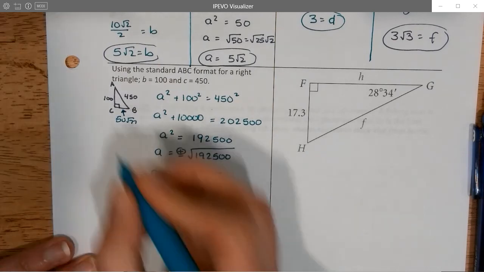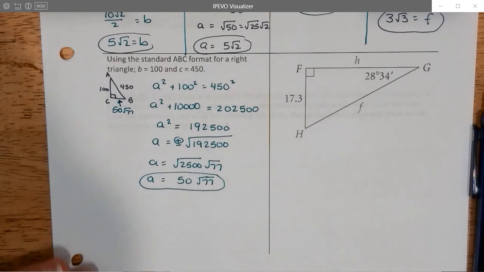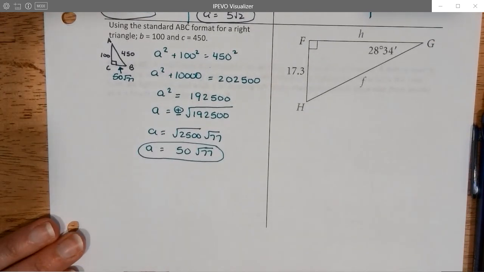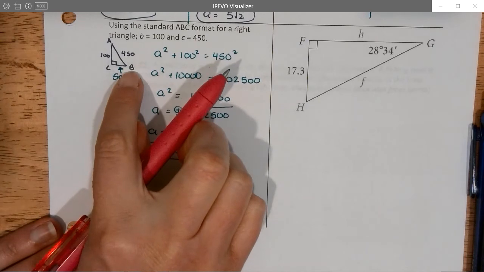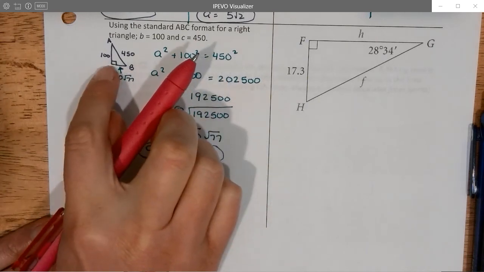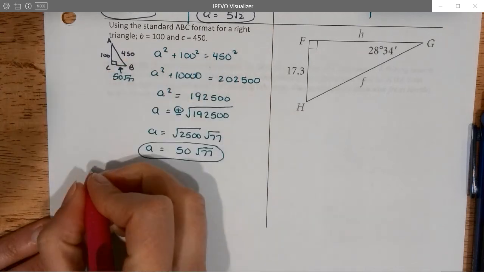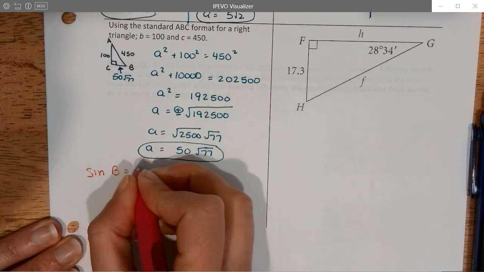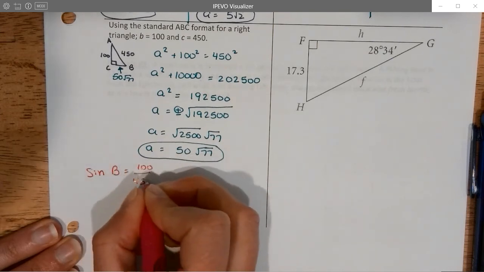Alright, so now I need angles A and B. We're going to use two ratios to find them. Okay, now let's go ahead and find angle B first. I already know that I have given to me an opposite and a hypotenuse for B, so that would be sine. So sine of B is equal to the ratio of 100 over 450.